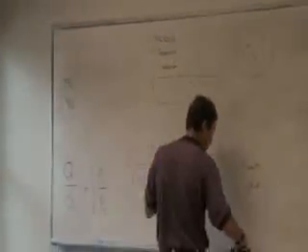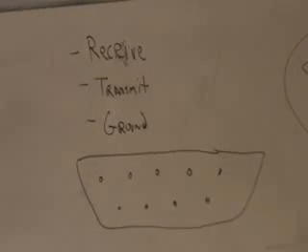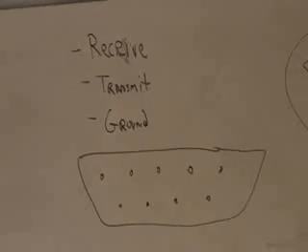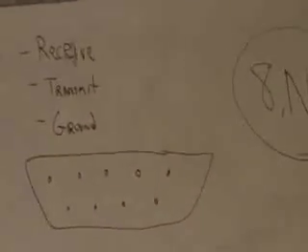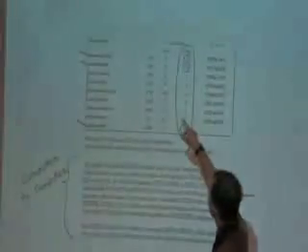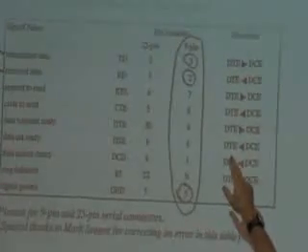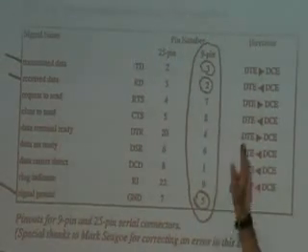It gets a little bit confusing, but depending on whether you're looking at the computer's perspective or the GPS receiver perspective, different pins are for certain things. For a 9-pin connector, transmit data goes out on pin 3, receive data comes in on pin 2, and pin 5 is ground. Now these other pins mean stuff too.